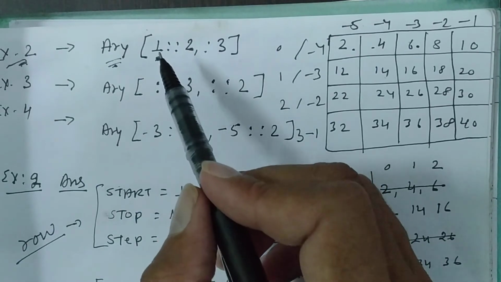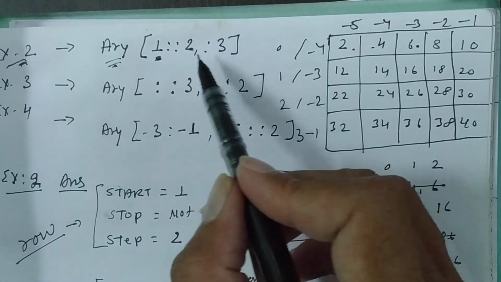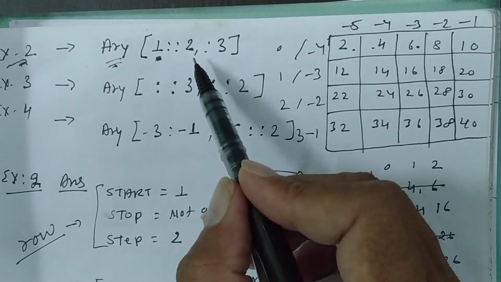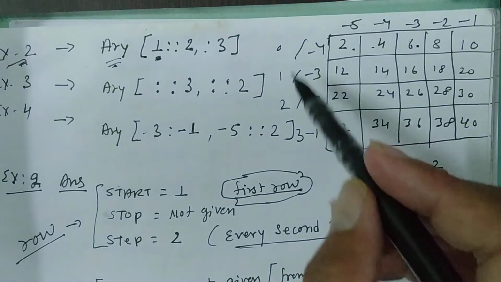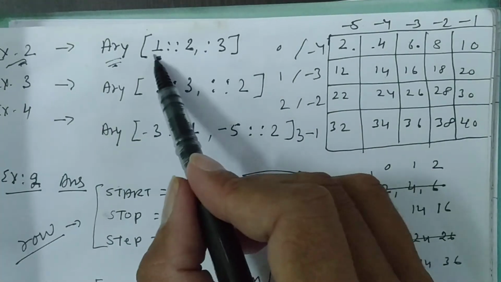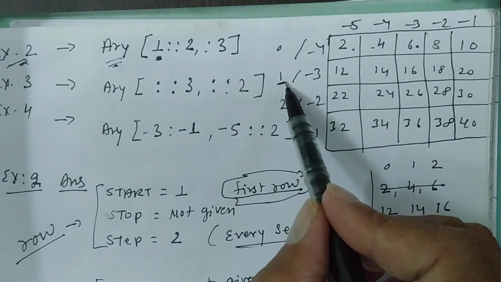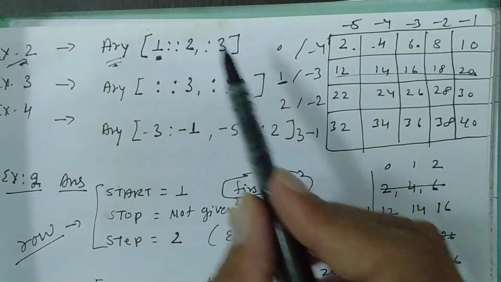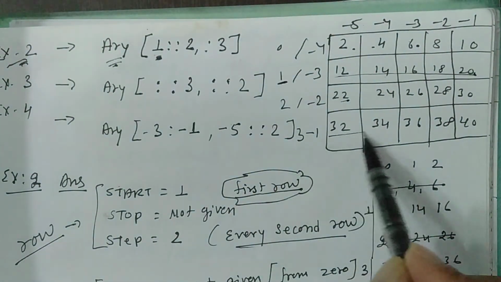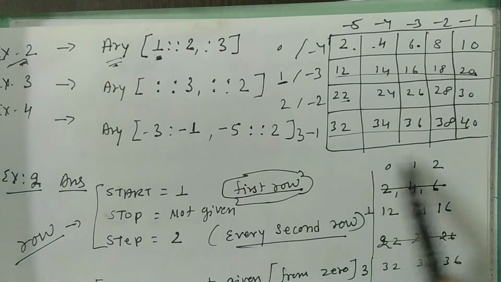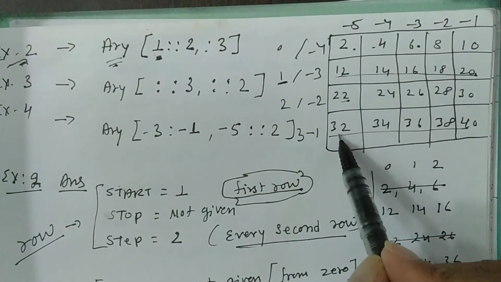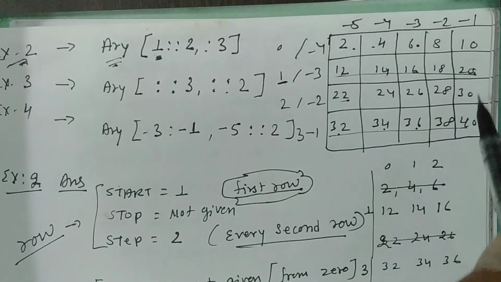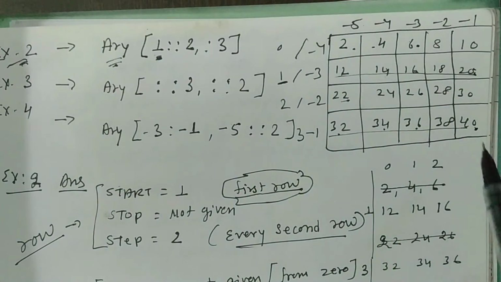So 1, 2, 3, 4, 4 rows, and in 4 rows every second means leave one and take one, give one jump. So it starts from the first row, then every second, leave that one, then this one, because there is no further row. So 12, 32, 14, 34, 16, 36 and 20, 40. So this is the answer of this one.